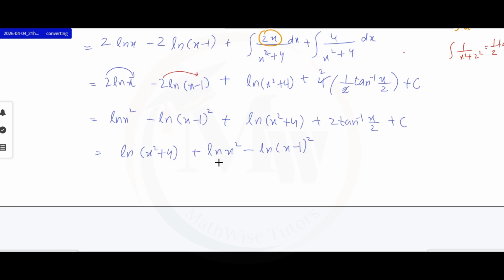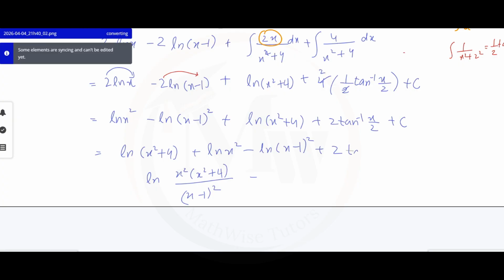So it means they will be divided. So after combining, it will become ln of x square times x square plus 4 over x minus 1 square, and the last term will be as it is, 2 tan inverse x by 2. This will not be combined because there is no natural log in this, so it will be as it is.